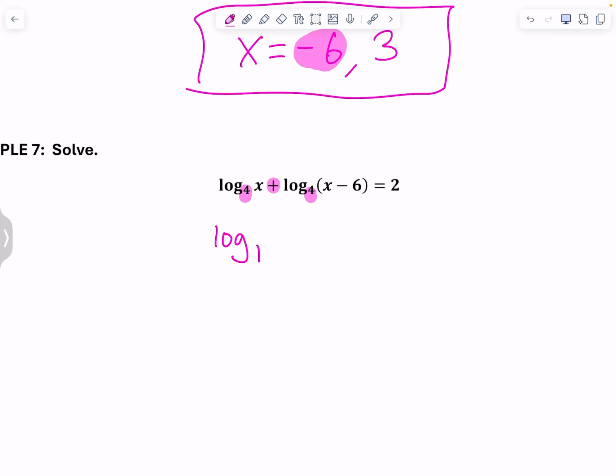We have log base 4 of x times x minus 6. That's what we did last week, right? If I have a plus sign with the same base, I can put them as 1 and multiply my answers. That came from the lesson. Remember, I gave you guys a lesson last week that was 1 sheet of paper?